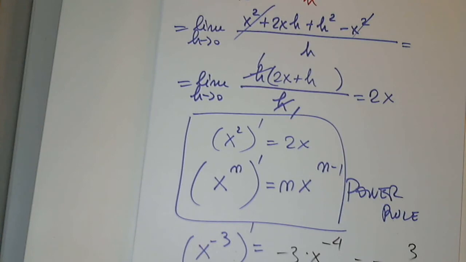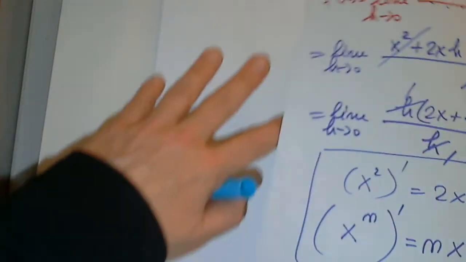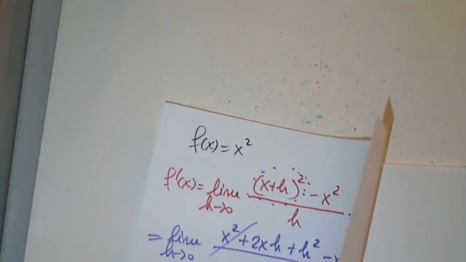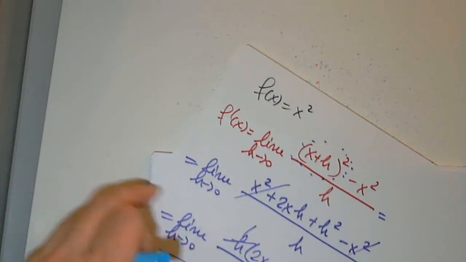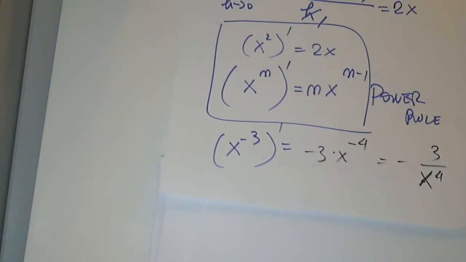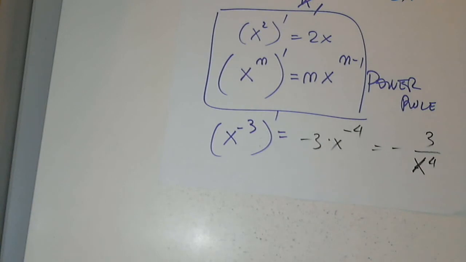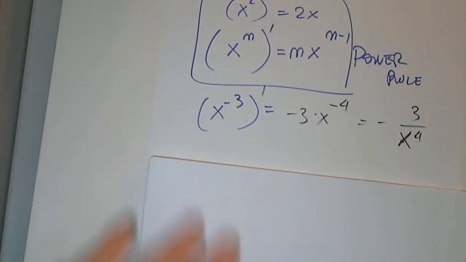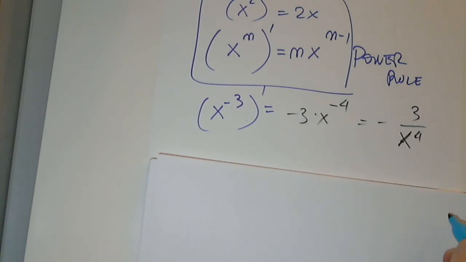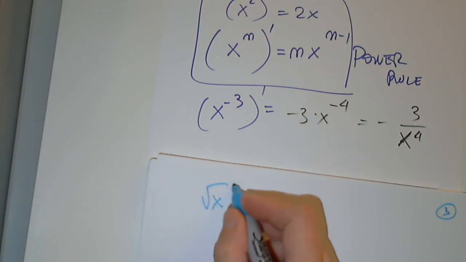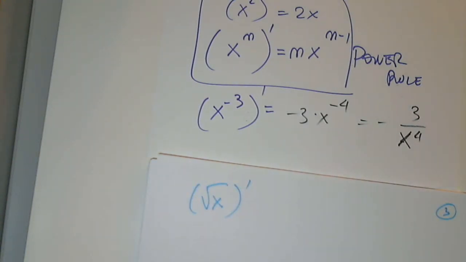And now I would like us to differentiate, just in case we forgot, the square root of x. Just bear with me for one second. I want to differentiate the square root of x using the power rule. Can anyone tell us what is the power on x?